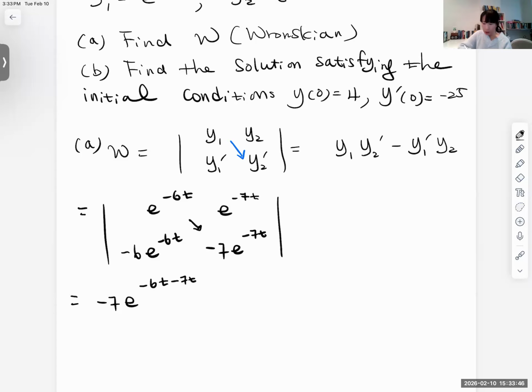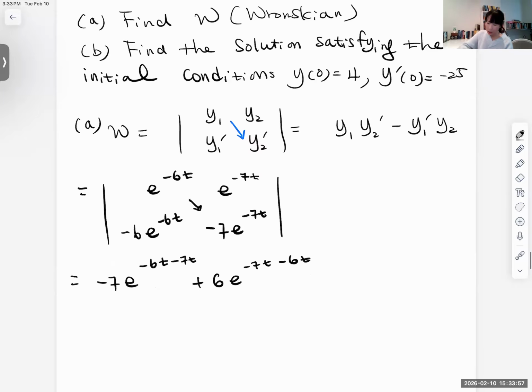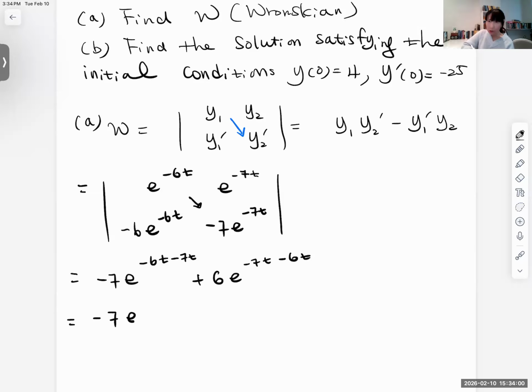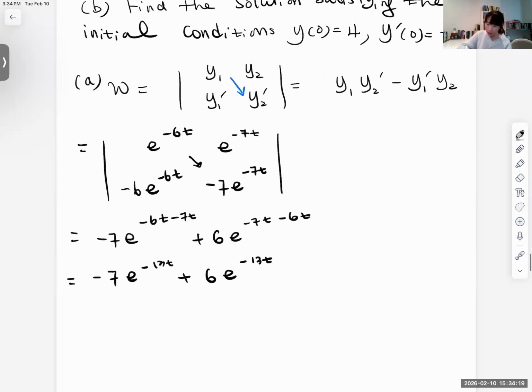We multiply the other way, so positive 6 e to the negative 7t minus 6t, right? Okay, now we have negative 7 e to the negative 13t plus 6 e to the negative 13t. Wait a minute, yeah, 13, also 13, right? 13t, yeah. Okay, then what do you get? We get negative e to the negative 13t, right?